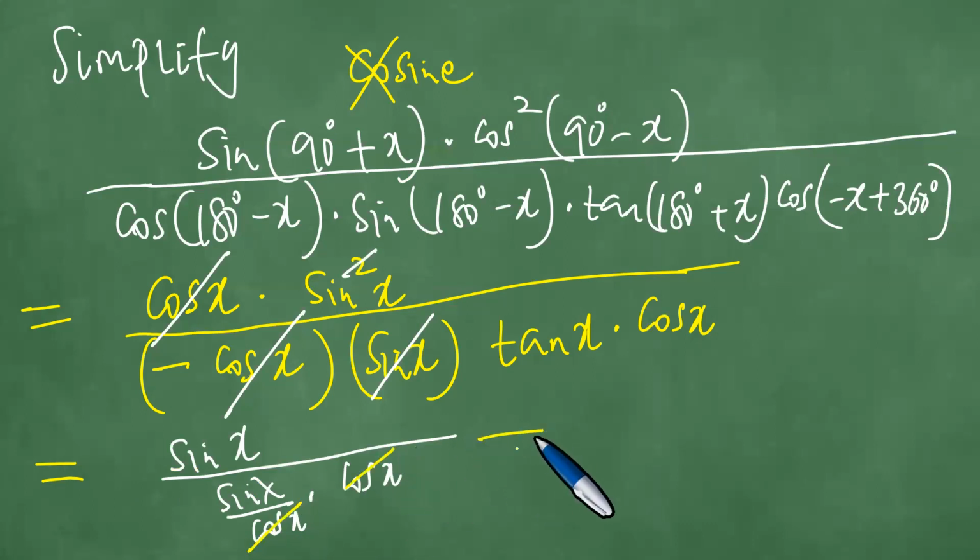Cosine cancels cosine, the sine cancels the sine, and the result is a 1 that is negative, because there's a negative in the denominator. So there's going to be a negative 1, and that is the answer.